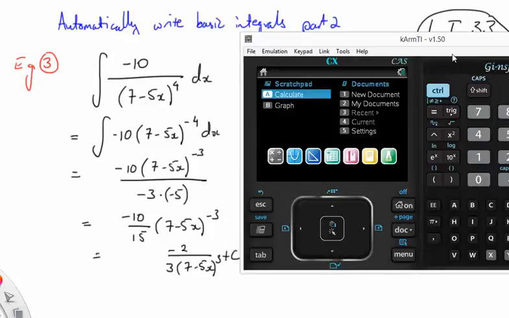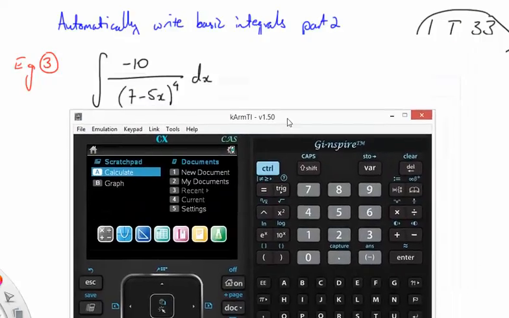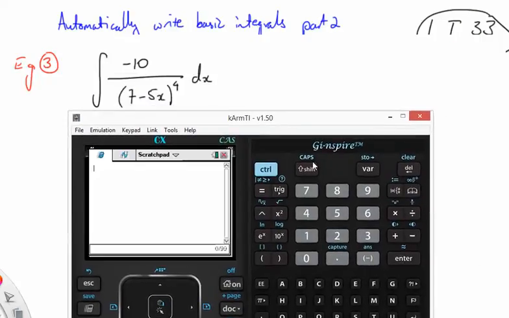Let's use the CAS. You should be able to tell me the shortcut now. Shortcut is Shift plus.